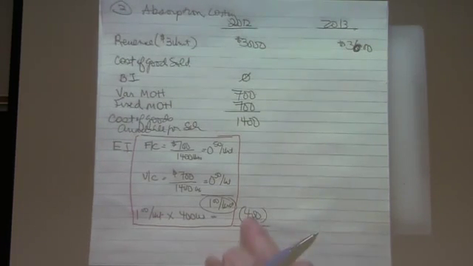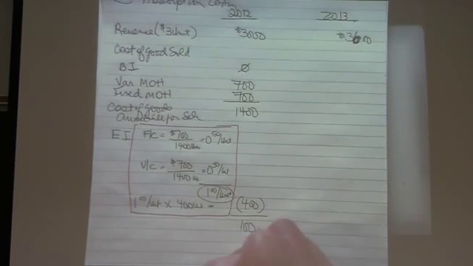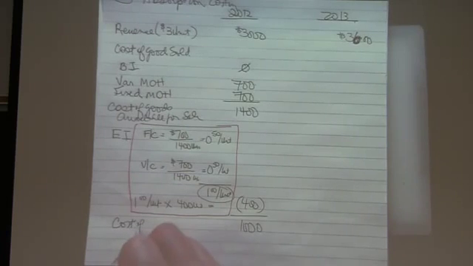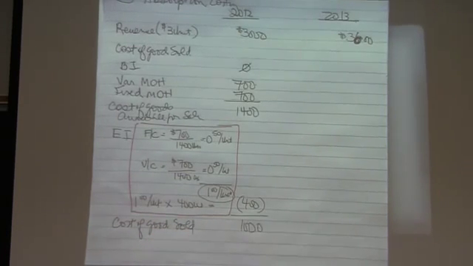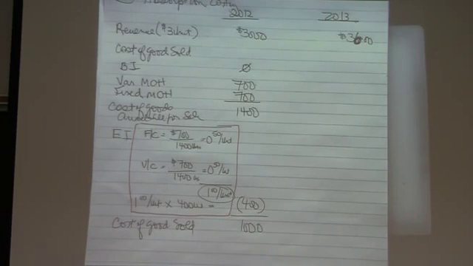So this gives me minus 400. So 1,000 gives me what they call cost of goods sold. Not contribution margin. Contribution margin is sales minus variable cost. So this is cost of goods sold.